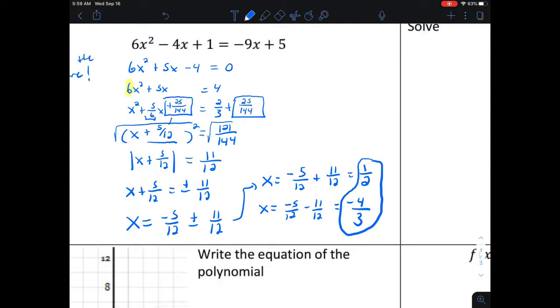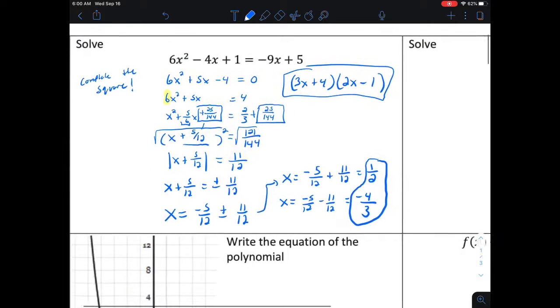So I guess this problem could have factored. But what would that be? 2x minus 1 and 3x plus 4 would have factored. Could have saved myself some time.